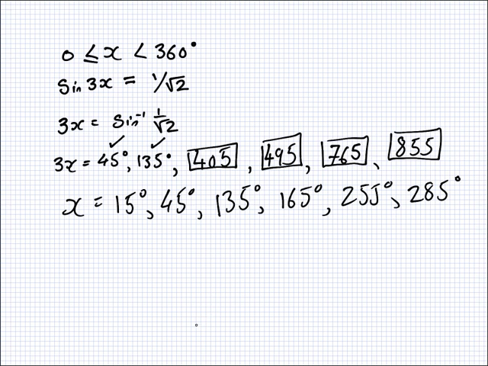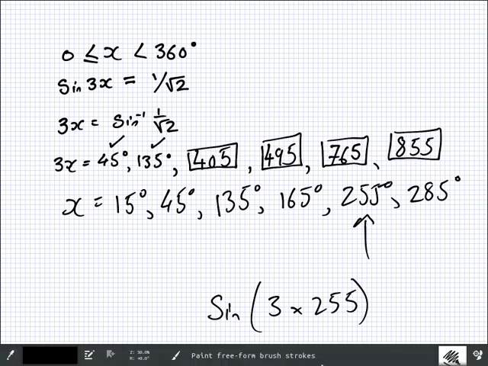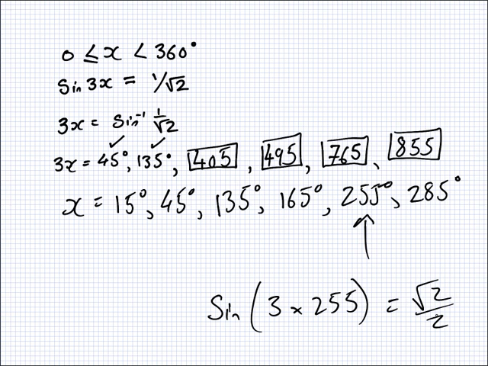Now, let's check that this works. Let's pick a random example. Let's say this one here, 255. If it's a solution, then sine of 3 times 255, what should that equal? Should equal 1 over root 2. Well, why don't you type it in? Now, your calculator will probably give you the answer as root 2 over 2, which is the same thing.